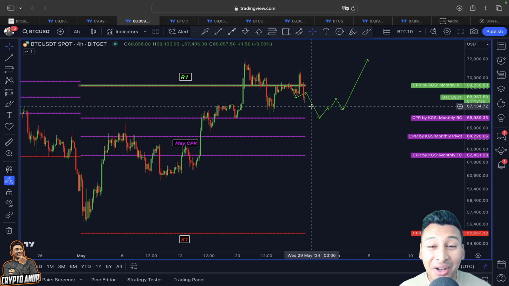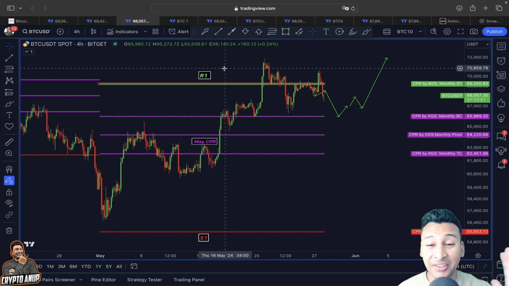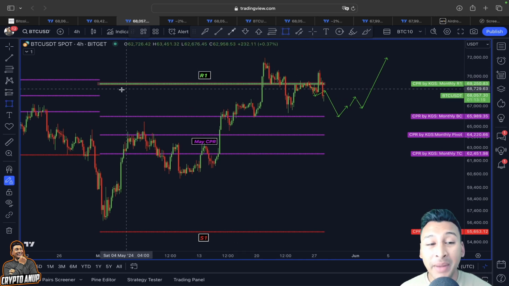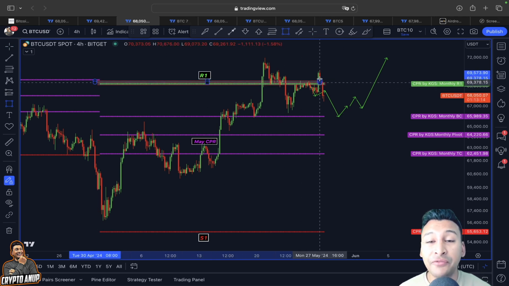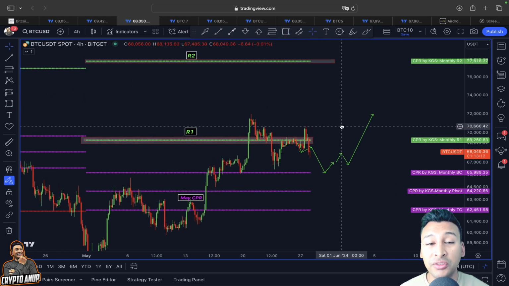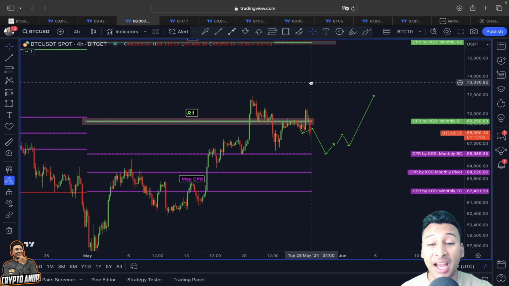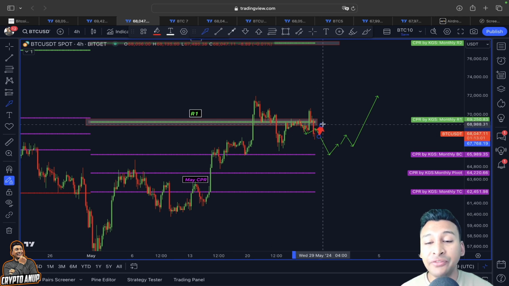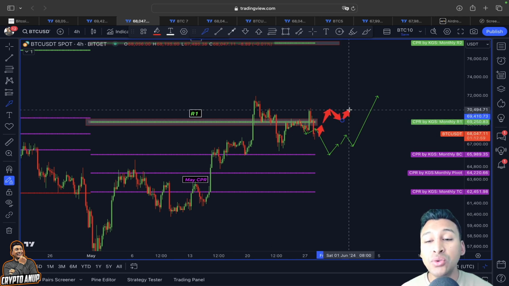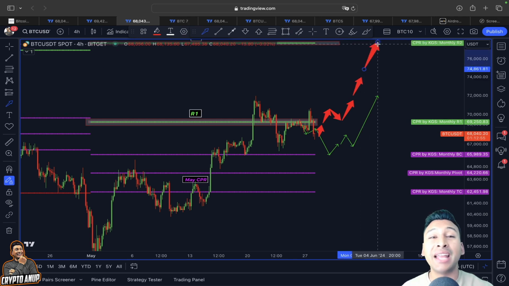Now, even according to our leading indicator, as you can see, our leading indicator is also pointing us the price must flip this R1 line into proper support if we want to see another continuation towards this monthly R2 line, which sits around 78,000. Yes guys, if the price of Bitcoin wants to show an actual impulsive move, we have to flip this R1 line into support, because by doing that we are expecting a continuation like this to play out.